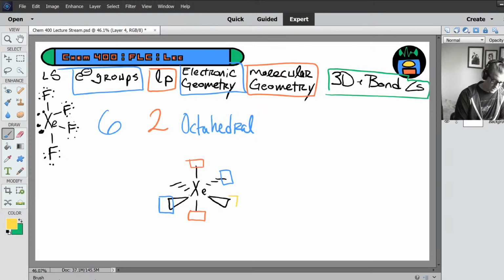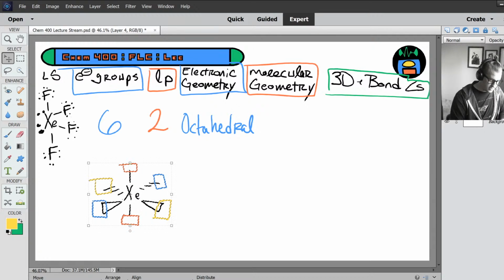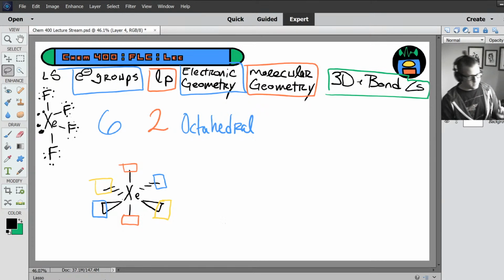And if you put your first lone pair here, the second lone pair, again, goes on the opposite side. So even though it doesn't matter where you put your first lone pair, where you put your first lone pair determines where your second lone pair goes. So you kind of want to keep this in mind when drawing the three-dimensional representation of a square planar geometry.